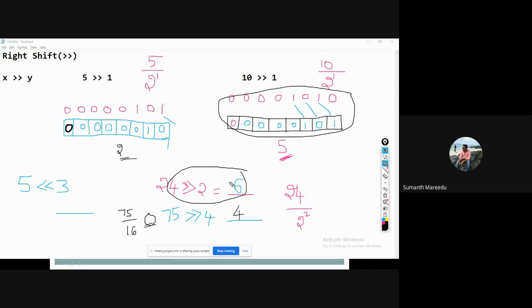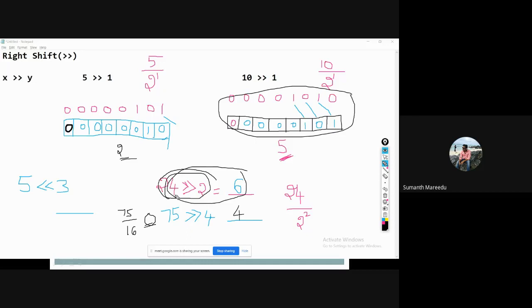When you do this, it will be easy for you to convert to binary and convert to decimal. So you'll get practice for that. In an exam, you can just go with this kind of approach, like into 2 power 1, into 2 power 2, or divide by 2 power 1.